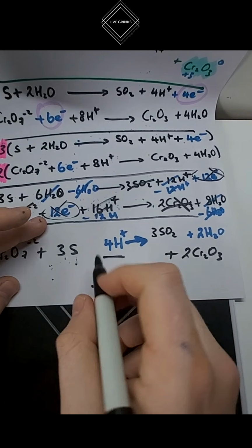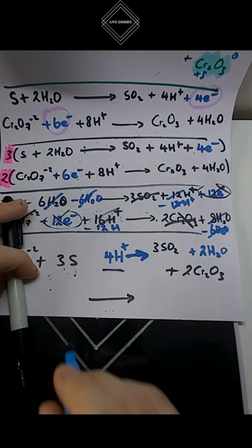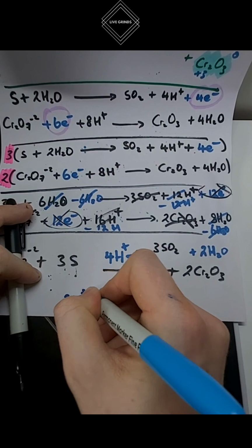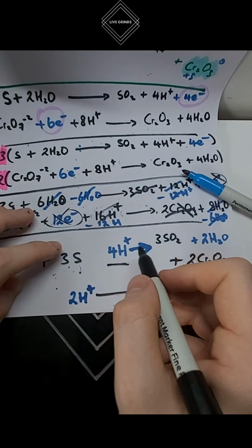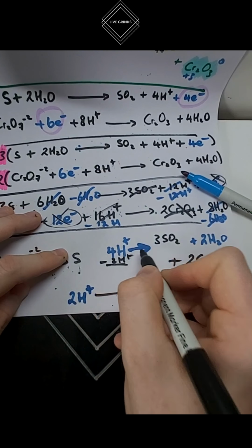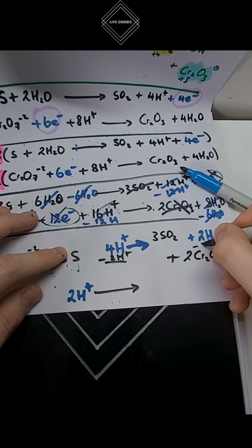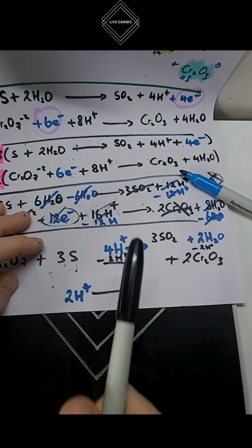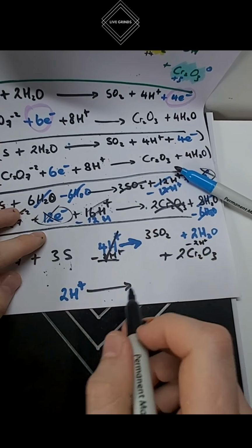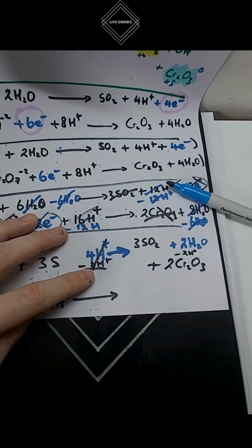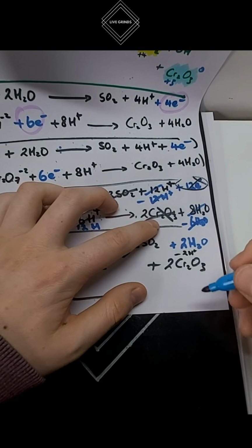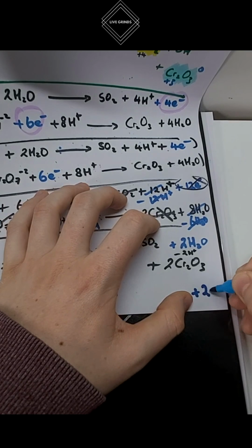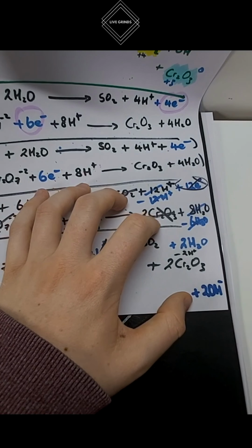The left hand side is left with 2 hydrogens. If I take 2 protons away on the right hand side, I'll be left with 2OH minus.